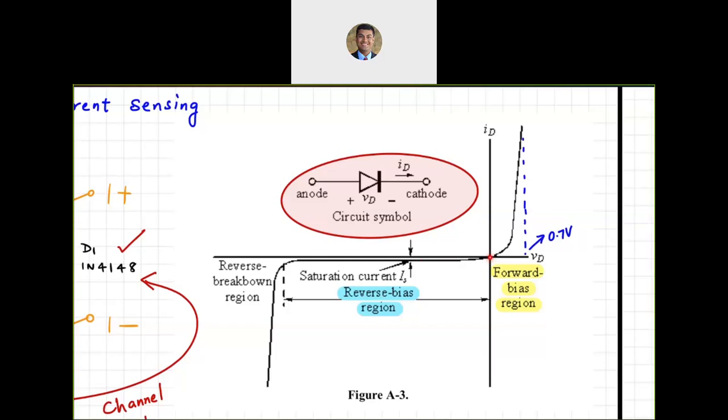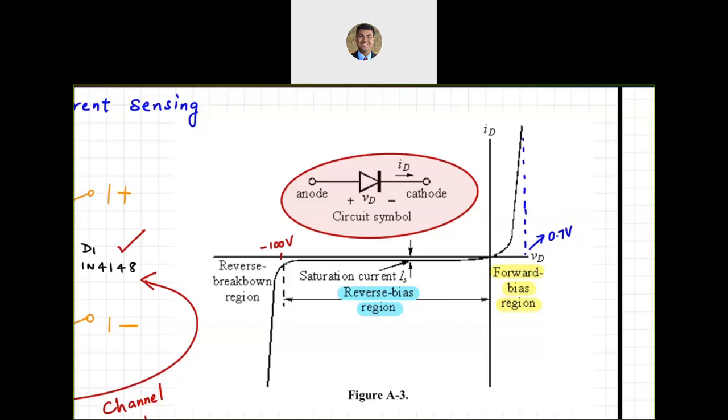But for a long time, as I go in the negative region, so say -1, -2, -3, all the way to about -100 for the small signal diode 4148, I can keep going, and it is going to be the same very small current that flows through the diode, and that's what we are going to call the reverse biased region.